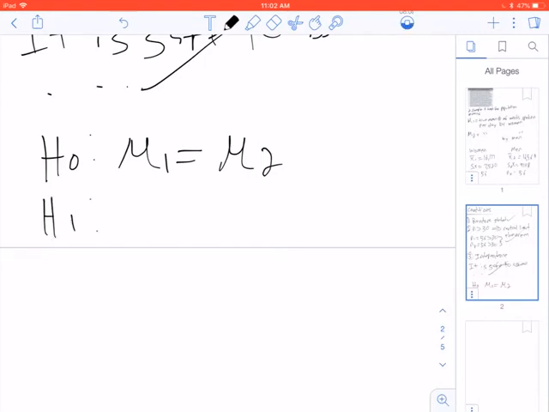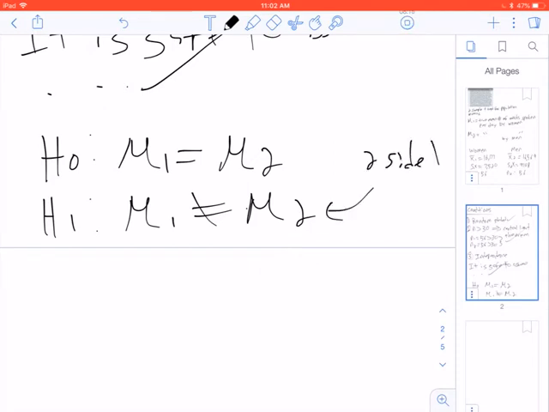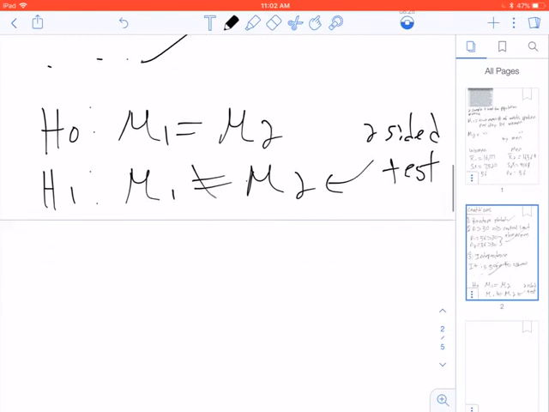The alternate hypothesis is that these two values are not equal to each other. So we know this is going to lead us to a two-sided test. Let's scroll down now.